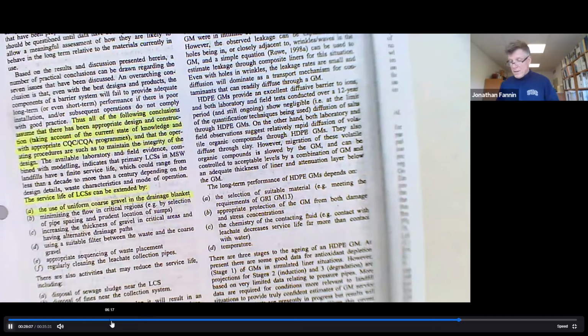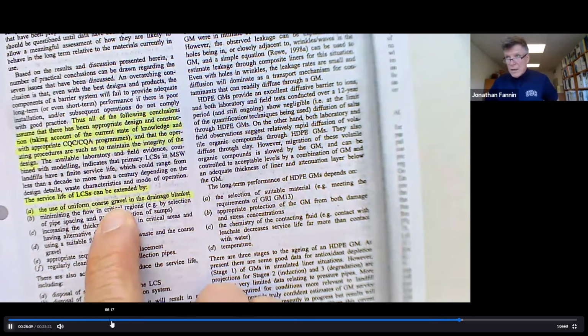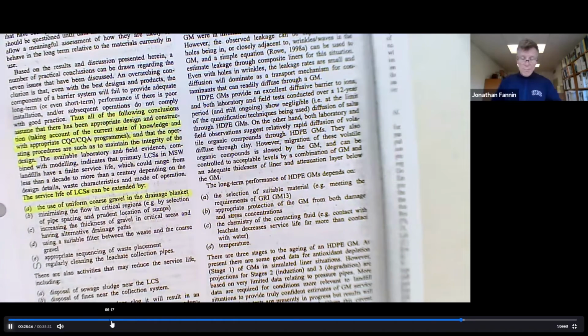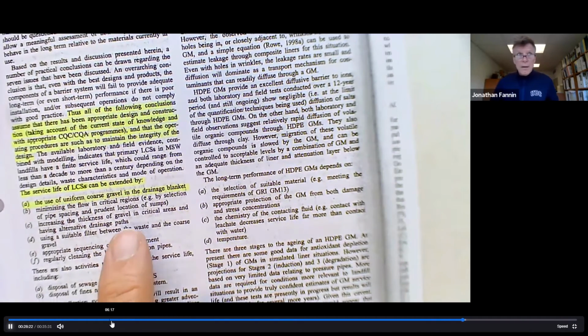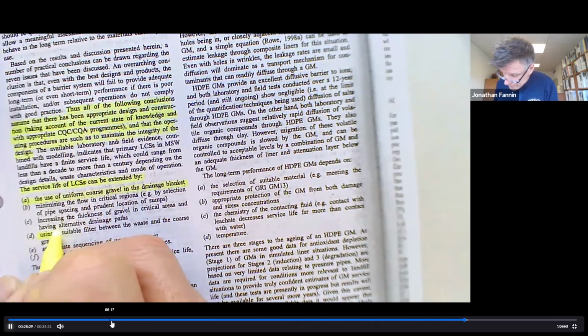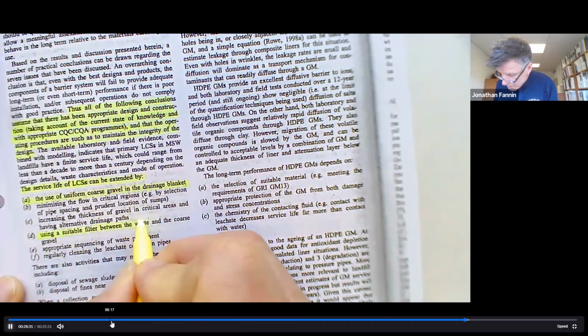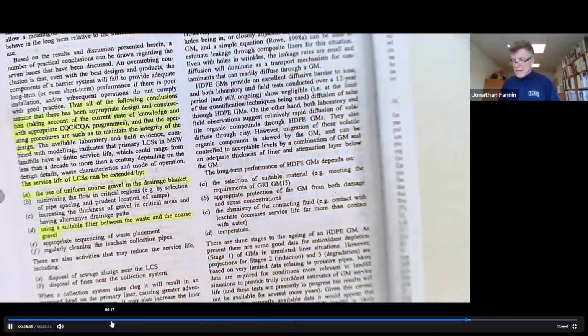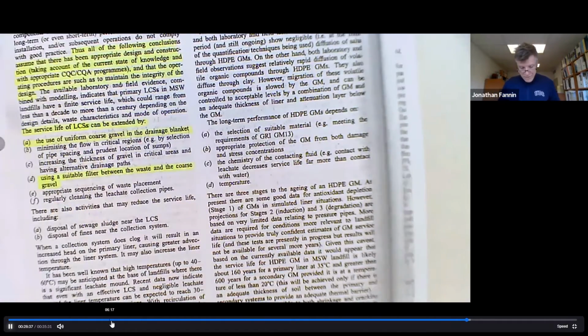It's a very conservative approach, and it involves using materials that are more permeable than the minimum requirements of US EPA and the minimum requirements of the BC regulations, okay? And place a suitable filter between the waste and the coarse gravel. And we've spoken about what the intent is of that.